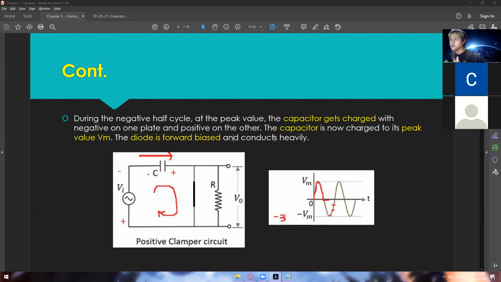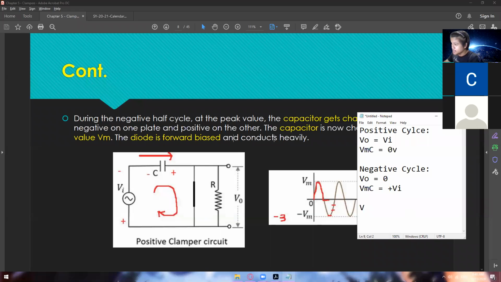Again, this is the crucial part when it comes to a capacitor. Once it detects a power loss, let's say VMC, not VCM.